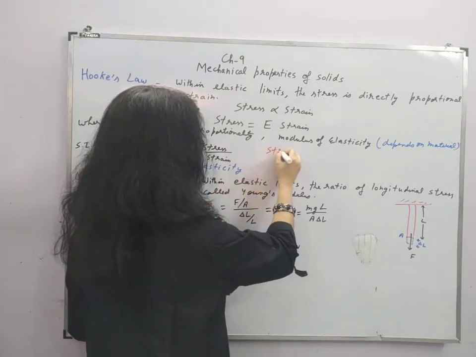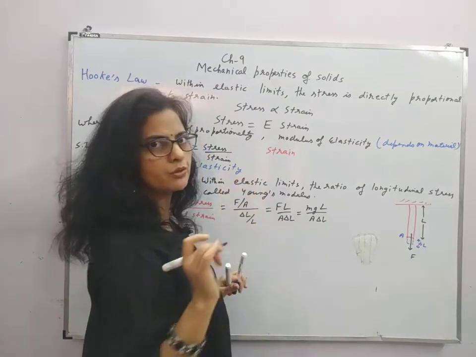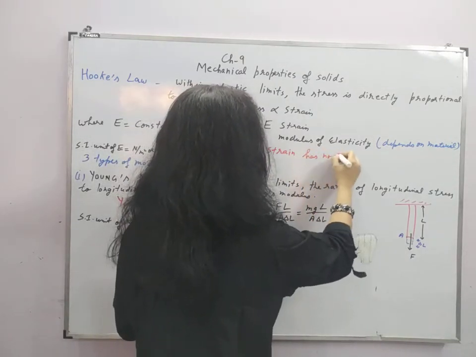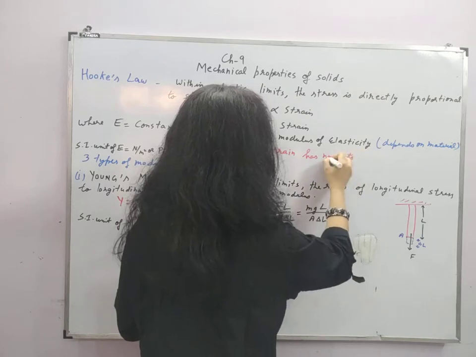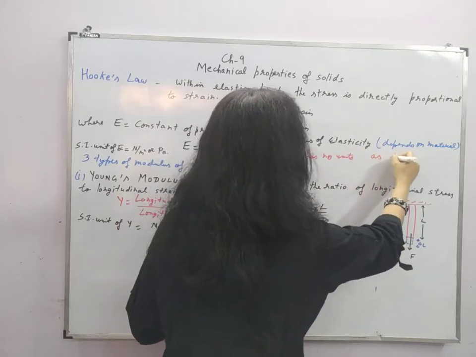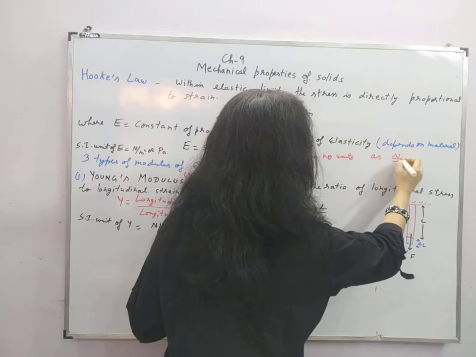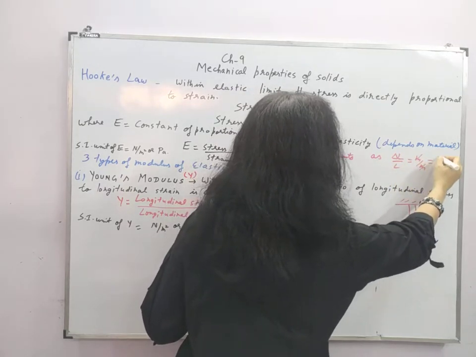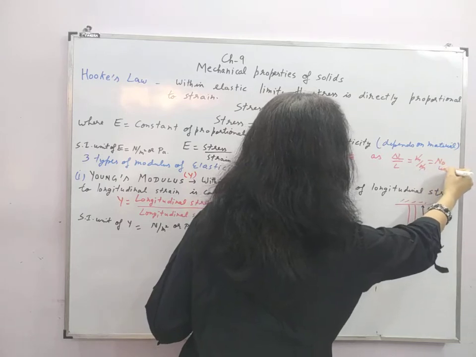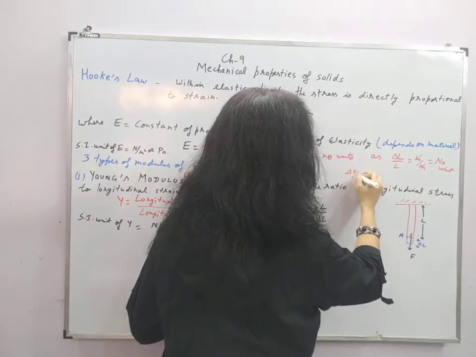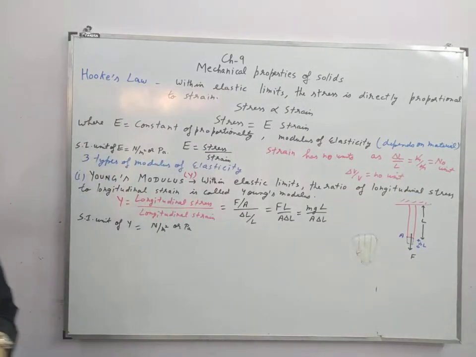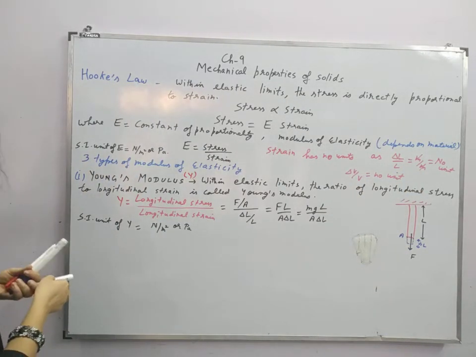Why? Because this is change in dimension to original dimension. As delta L upon L, meter upon meter, no unit. Similarly, delta V upon V, no unit. Right? So this was your Young's modulus.